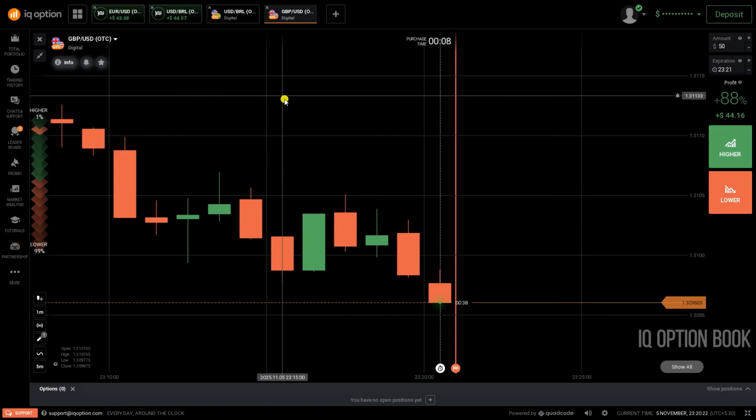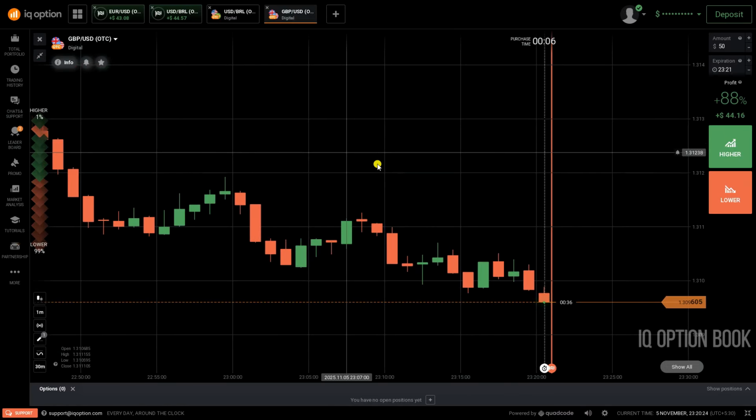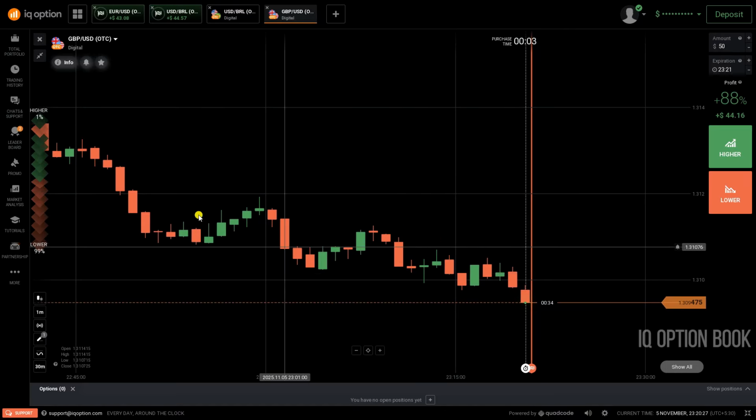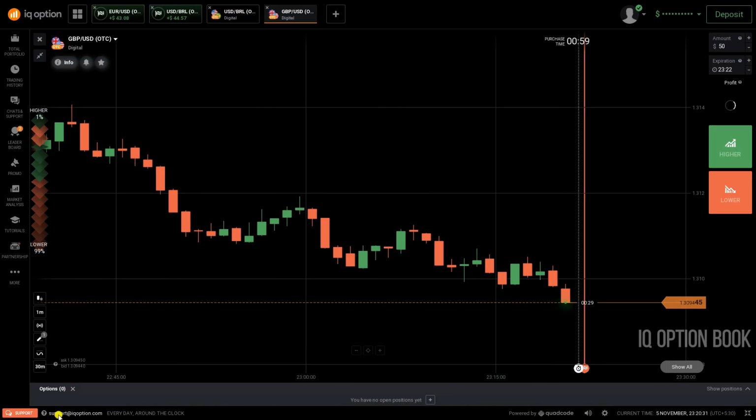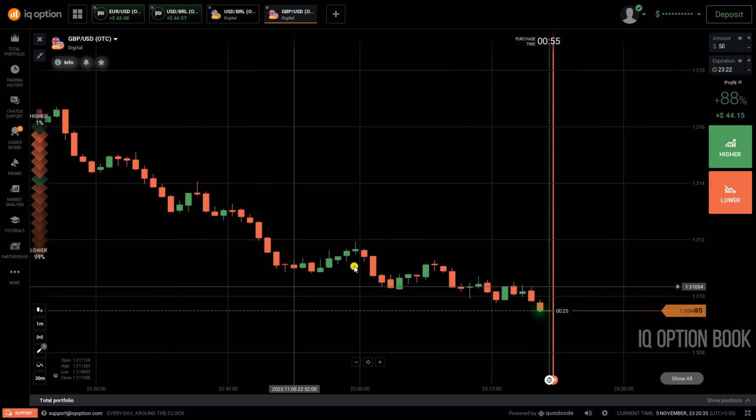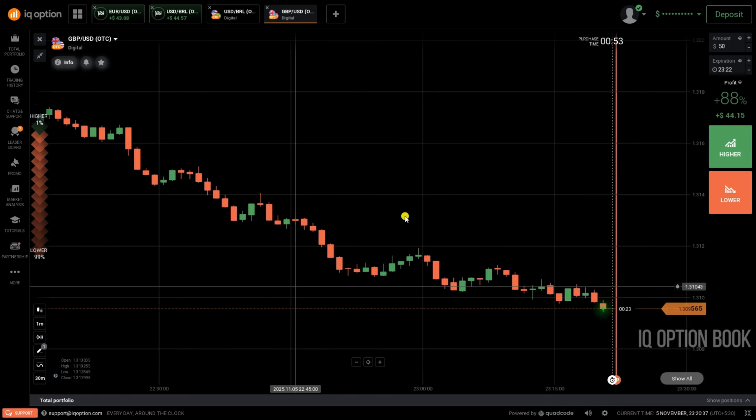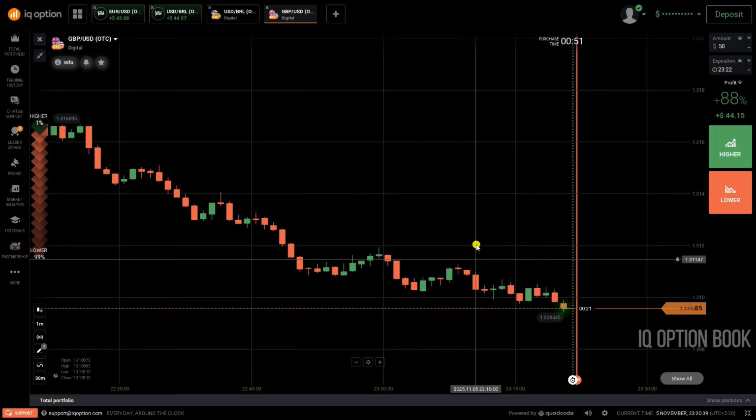Let us go with the GBP USD. You can take any type of chart. You must have proper knowledge of price action. It doesn't matter whether it is OTC or the real market. In this market we can clearly observe the market is moving in a downward direction.